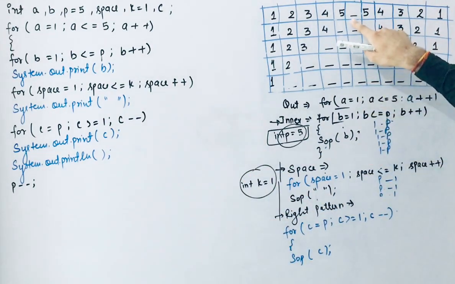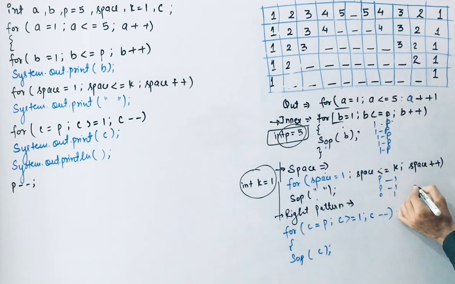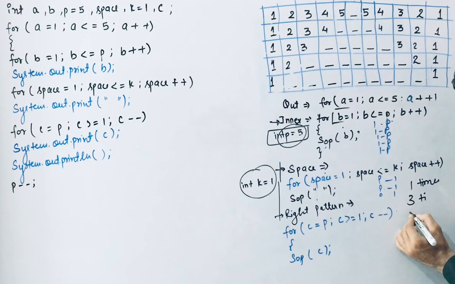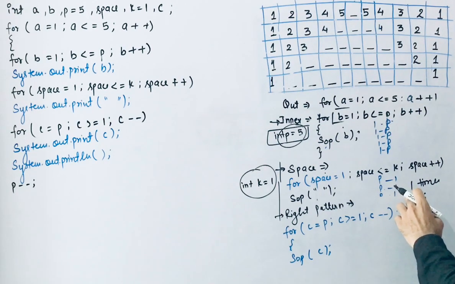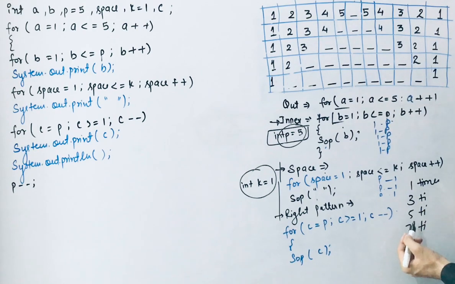So the first time k prints 1 time. Clear? The first time it prints 1 time, and then it prints 3 times, and then 5 times, and then 7 times. So now what we see is 1, 3, 5 and 7. So always the value is incremented by 2, because 1 plus 2 is 3, 3 plus 2 is 5, 5 plus 2 is 7.